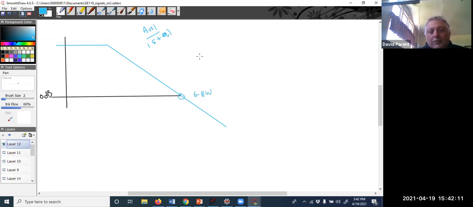And all we're doing is, if we have a transfer function, and let's just call it ideal, maybe it's a low pass, right? Maybe it's a high pass. Maybe it's a notch. Maybe it's a band pass.